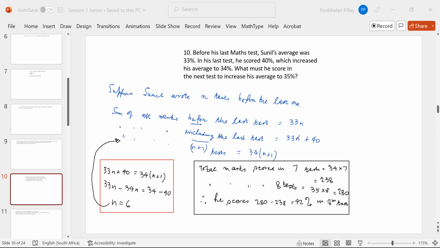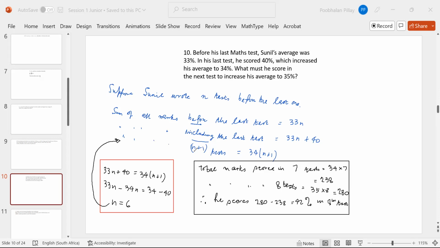But this is exactly the same as 33n plus 40, because this gives you the cumulative sum up to the last test. So these two are the same. Once you equate them, you can solve this equation, and you see that n is equal to 6. So he had written 6 tests before the last one.